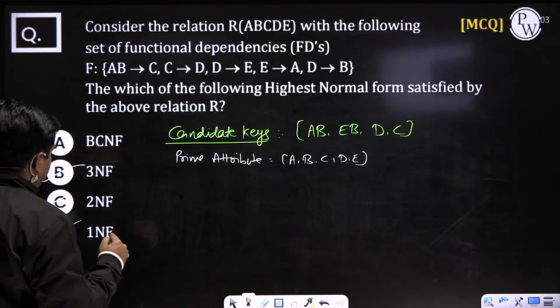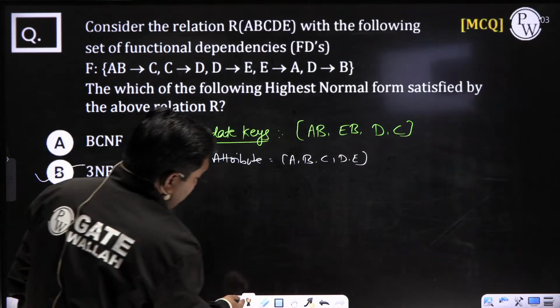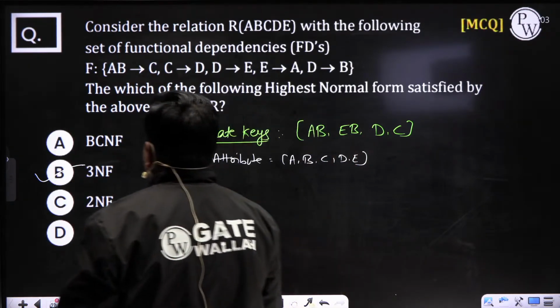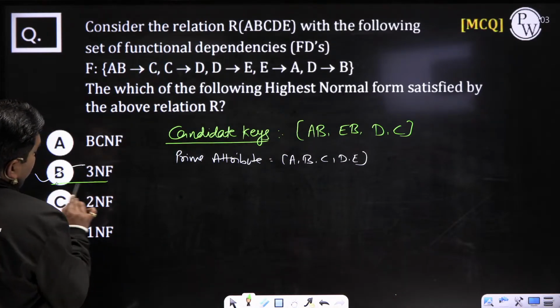It is in 2NF also, and in 1NF also, but it is asking about the highest normal form.